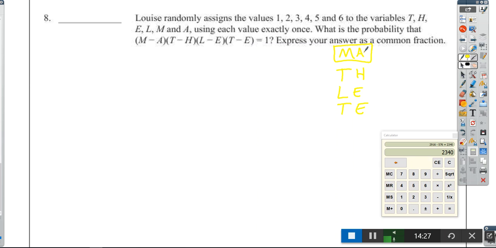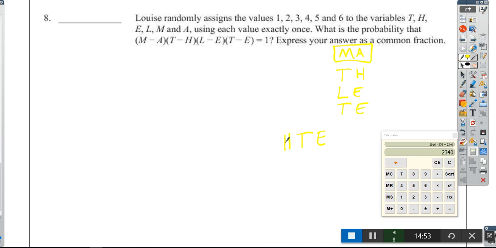Now ma is sort of in a class by itself, but th, well the t shares 2 different places, and the e's share 2 different things. So that means that if I have a t, it's equal to the other t. Hold on a second. That means it has to be next to an E and an H.